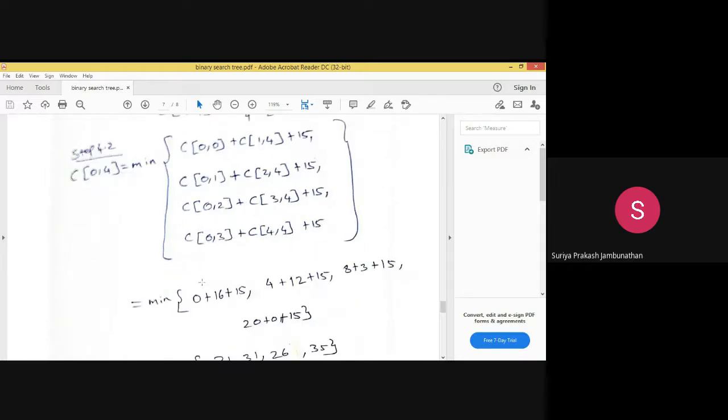While solving this, for 0 comma 0 we are getting 0, 1 comma 4 we are getting 16, 15 we are adding, so this answer we are getting as 31. Second statement we are getting 0 comma 1 is 4, 2 comma 4 is 12 and 15 we are adding here. And third statement we are getting 8.